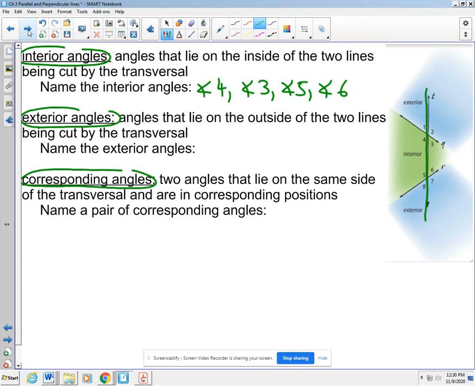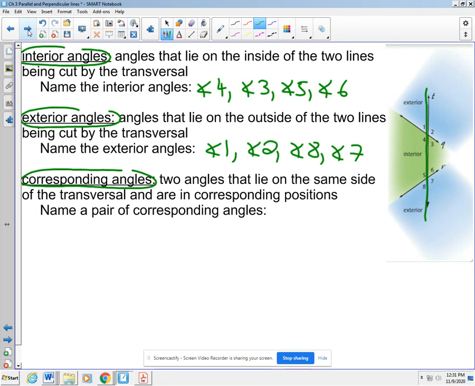Exterior angles are angles that lie on the outside of the two lines being cut by the transversal. Okay, so exterior angles are angle 1, angle 2, angle 8, and angle 7. Okay, so most of you knew about interior angles and exterior angles.